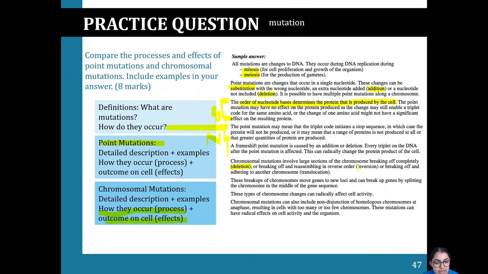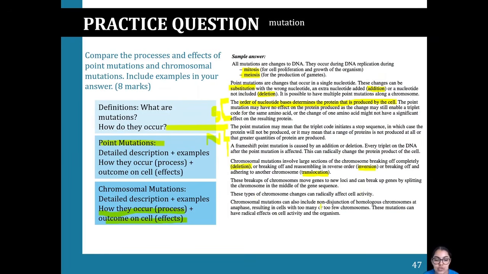Breaking off completely is deletion, reassembling in reverse is inversion, and breaking off and adhering to another is translocation. These breakups of chromosomes may move genes to a new loci, and that's just moving them to a new location, and can break up genes by splitting the chromosome in the middle of the gene sequence. These types of chromosome changes can radically affect cell activity.